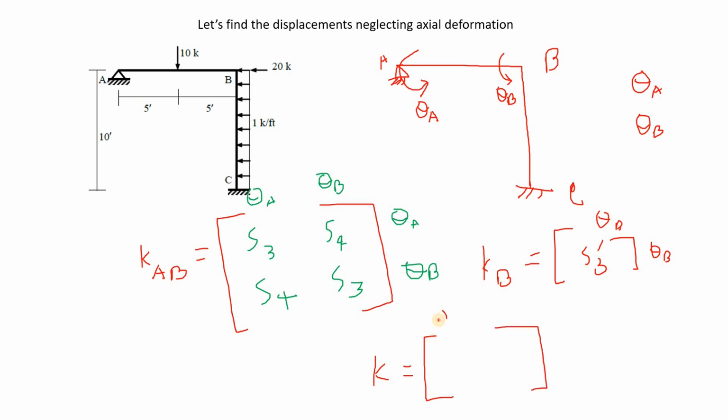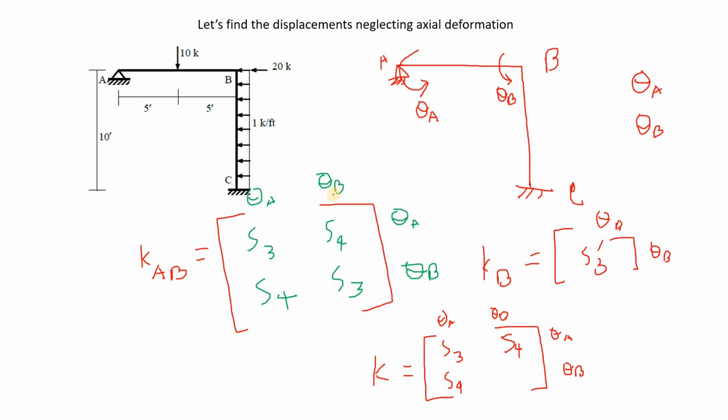This one is for theta A, this one is for theta B, this one is for theta A, this one is for theta B. So we have A by A, which is S3, so we write out S3. Then theta B by theta A is S4. Right after that, theta A by theta B is S4.